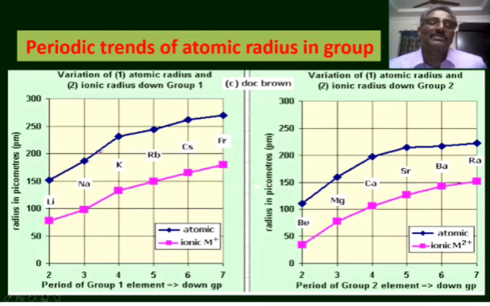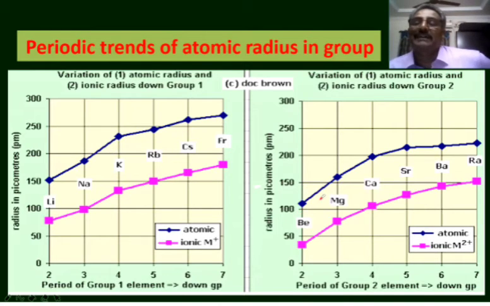From sodium to potassium, the atomic radius is increased more. From potassium to rubidium, there is an increase, but the curve is a little bit flat. That is, a small increase is observed from potassium to rubidium. From rubidium to cesium also, a small increase is observed. The reason is, till potassium, there are no d orbitals.